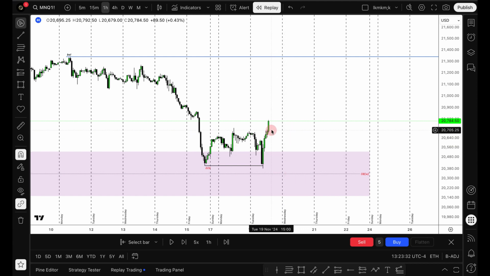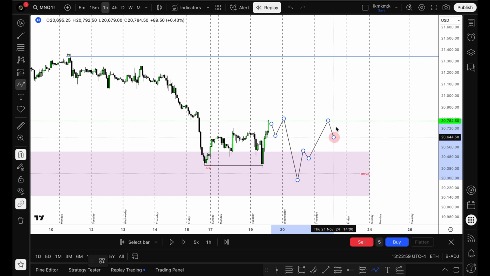So until I get something like this, and then another leg higher, that's when I would entertain it and look for my long positions to go higher. But right now, because that sweep was so shallow, price could easily go back down lower for another sweep before continuing higher to the upside.